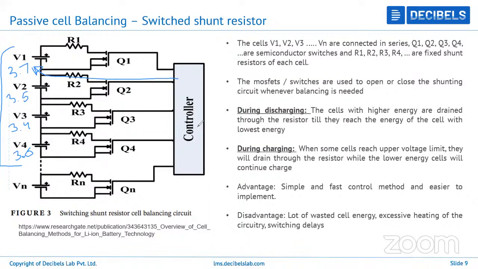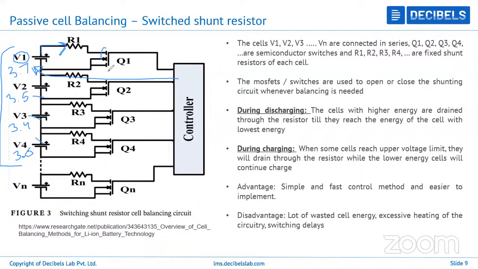So what the controller will do is stop charging V1. Meanwhile, it will continue to charge V2, V3 and V4. And instead of charging V1, it will start to dissipate the energy through R1.